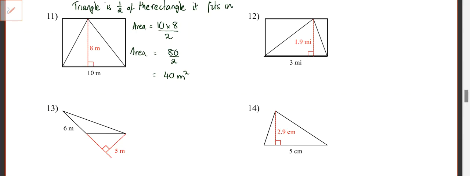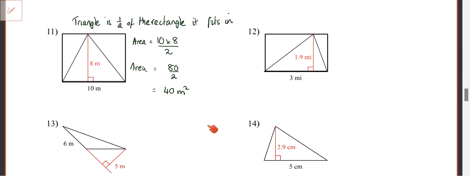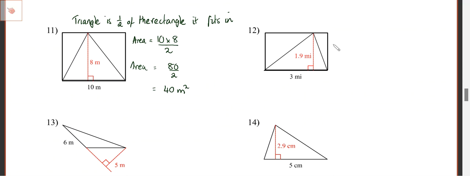Guys, stay focused and don't move on to the bottom. So, for instance, how would I work out the area of this? If I get rid of that rectangle, how would I do it? The area is 3 times 1.9, but we have to divide it by 2. Yeah?